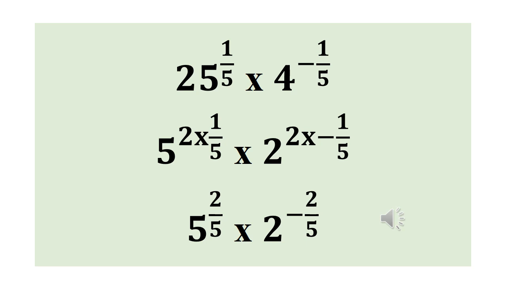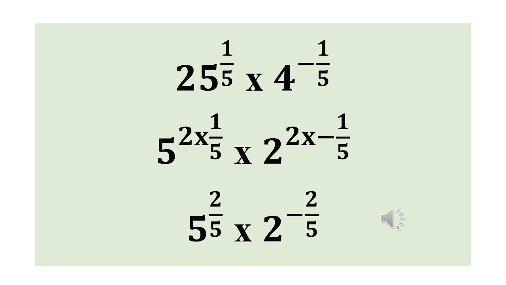We want to simplify 25 to 5 squared. 5 squared means 5 times 5, that's 25. And then 4 is 2 squared, that's 2 times 2, 4. So we now have 5 squared, and it's having power 1 over 5 before. So it means we now have 5 raised to power 2 times 1 over 5, then multiplied by 2 raised to power 2 times minus 1 over 5.